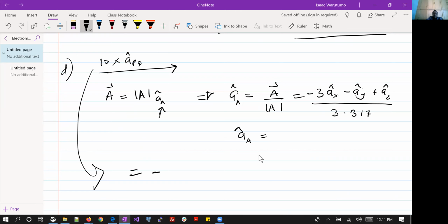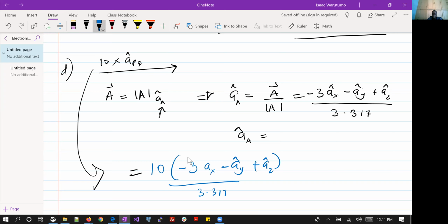So this is equivalent to 10 times minus 3 AX minus AY plus AZ, divided by 3.317. And this would give us the answer.